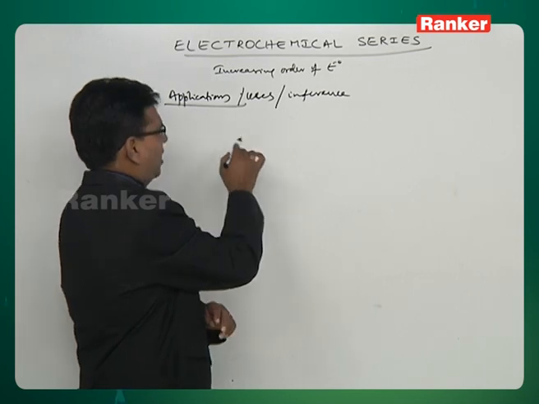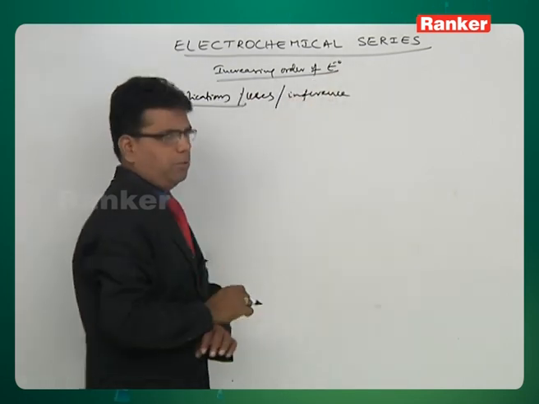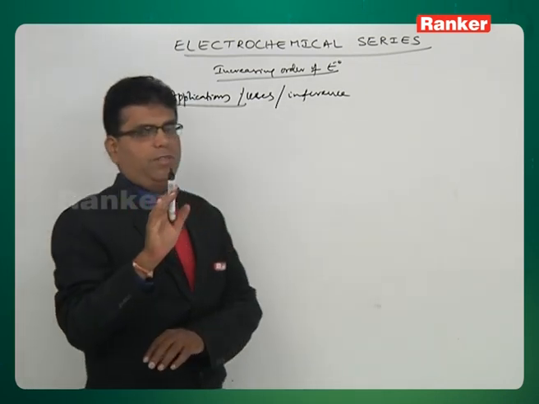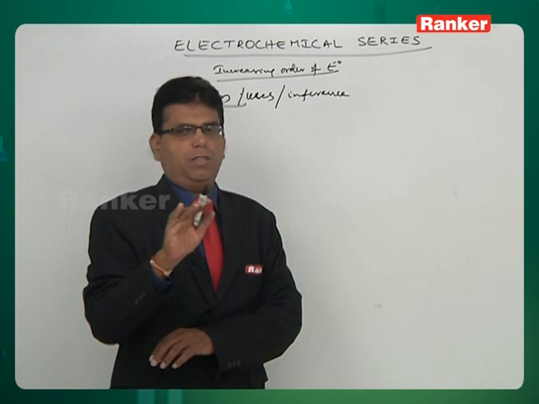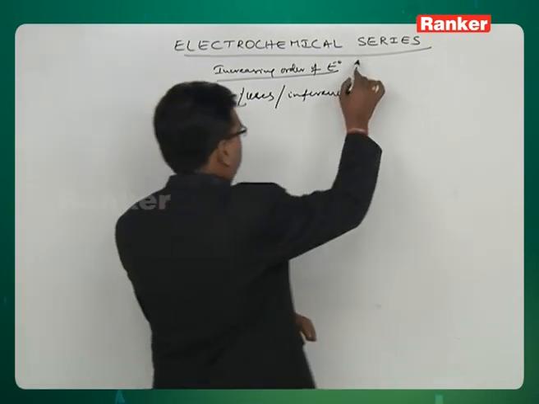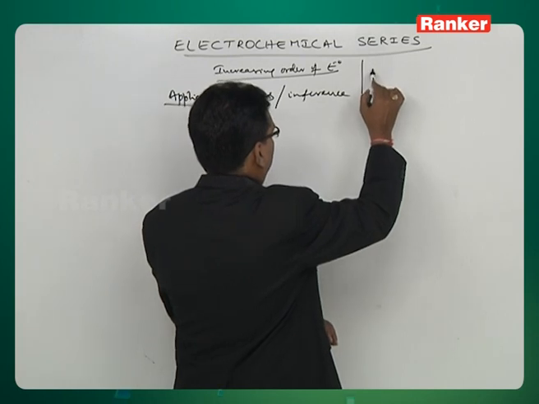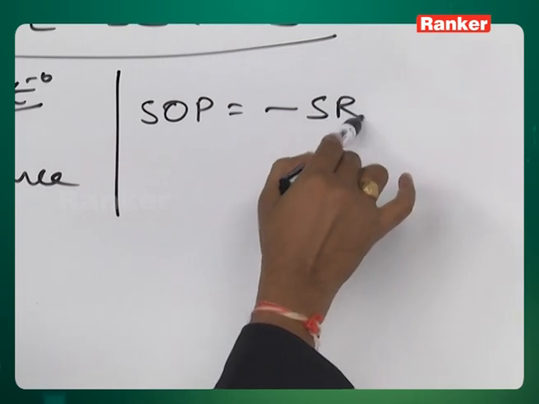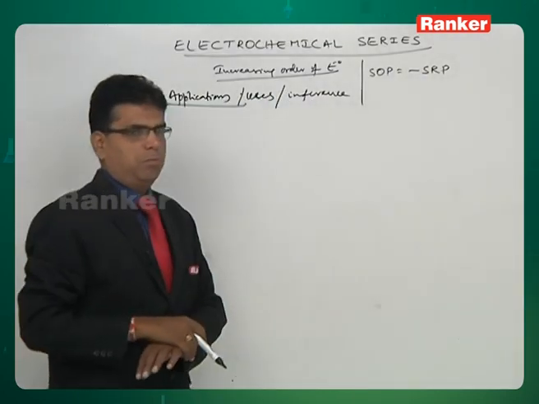When elements are arranged in increasing order of E naught values, remember always whether we are writing in increasing order of SRP or increasing order of SOP, that is important. For any element, SOP is minus of SRP, that is always to remember.